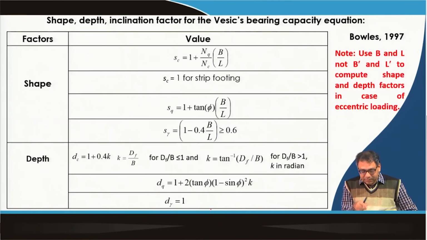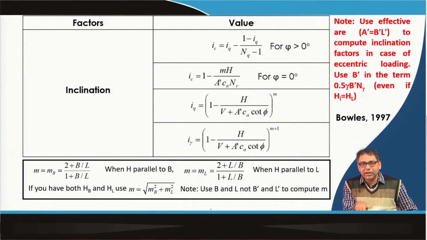But in case of Vesic, that effect is incorporated in the inclination factor determination. Because when you calculate, m will be mb if h is parallel to b, m will be ml if h is parallel to l. If they are parallel to both, HB and HL, where HB means horizontal load parallel to B and HL means horizontal load parallel to L, both are acting, then your M will be root over MB square plus ML square.